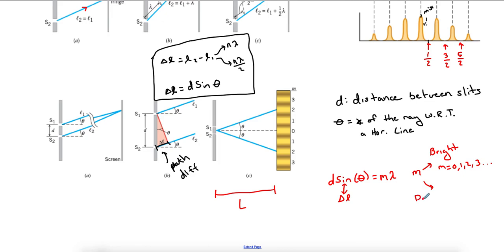And if it's dark, m is equal to 1/2, 3/2, 5/2, and so on. The other way that I've seen it written is m or m plus 1/2, depending on if you want bright or dark. But you really just have to think about what you're looking for.